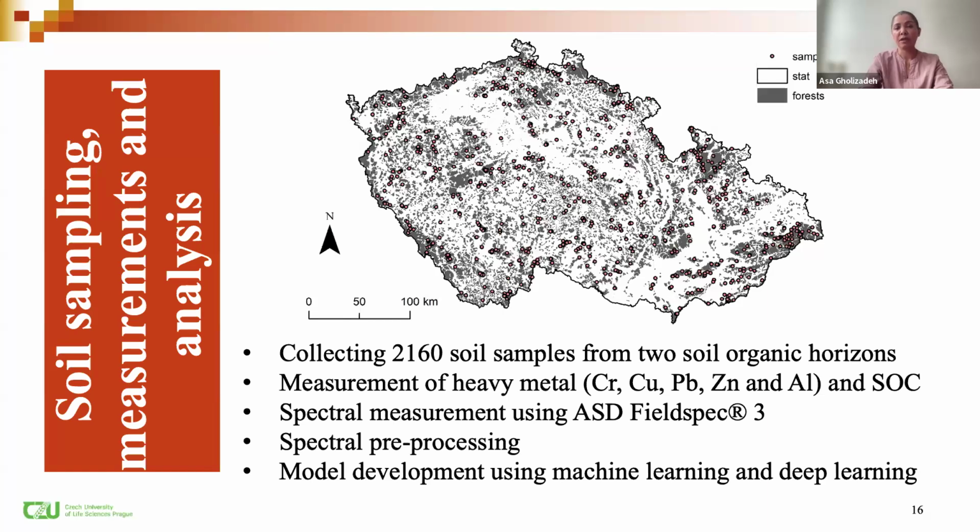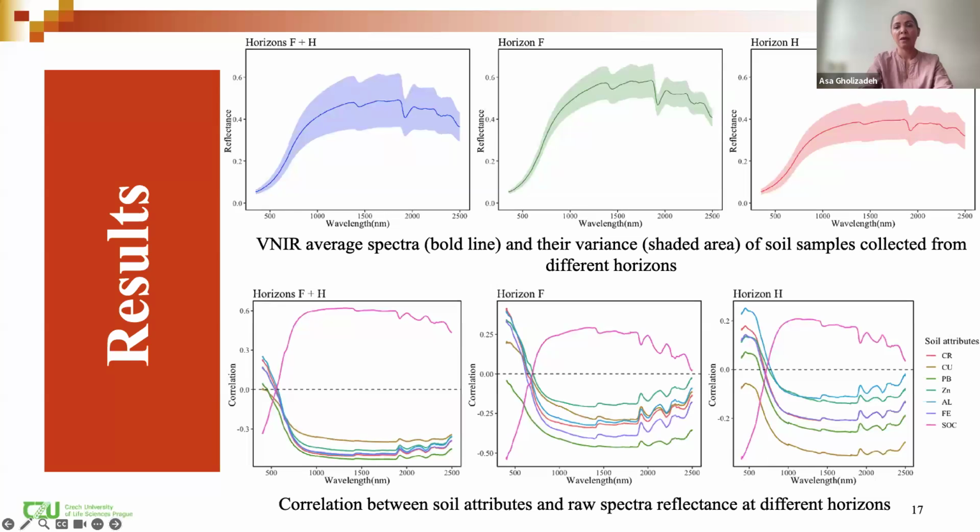The spectral measurement, again, was done using ASD field spectroscopy, and spectral pre-processing was done as usual, and model development was conducted using 3 machine learning algorithms and 1 deep learning approach. Here you can see the visual inspection of the spectra in different horizons, which were one horizon F, fermented, and one horizon H, humus.